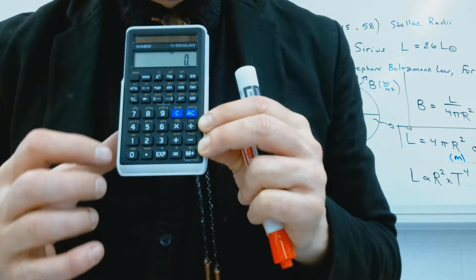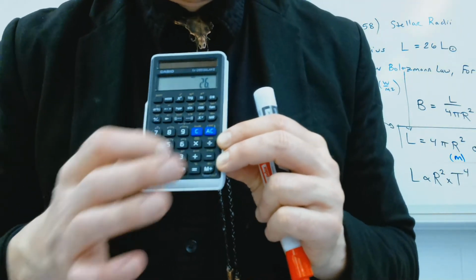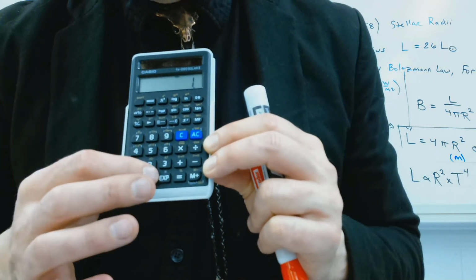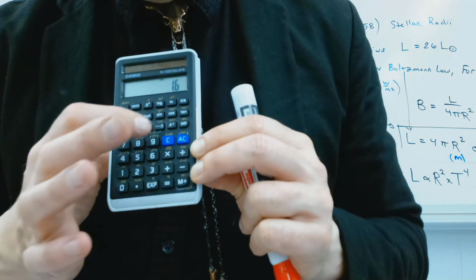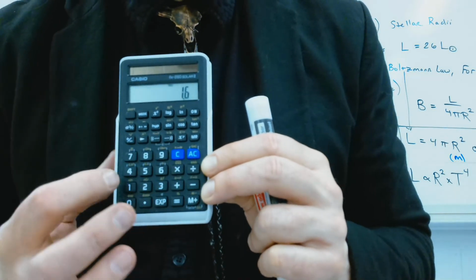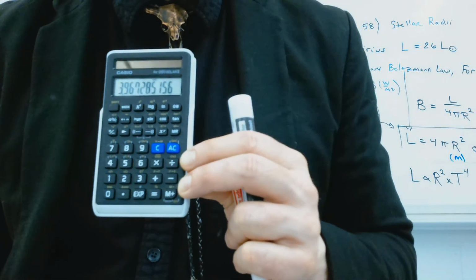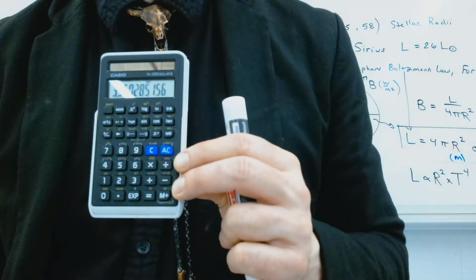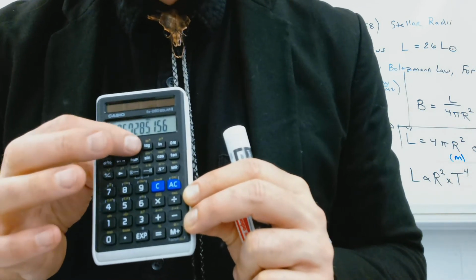All right, you ready? 26, hit the divide key. Now do 1.6. Now we need to raise that to the power of 4. So I'm going to hit this button here, the raise to the power of 4, and then you hit equals. And you should see a number that's close to 4. Now we're going to hit shift and square root.